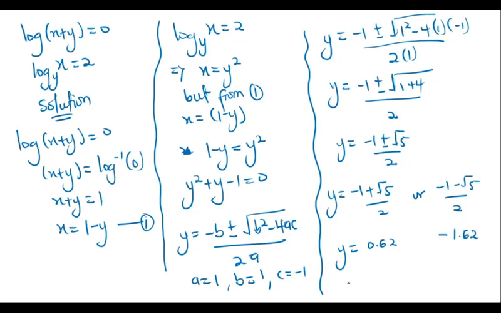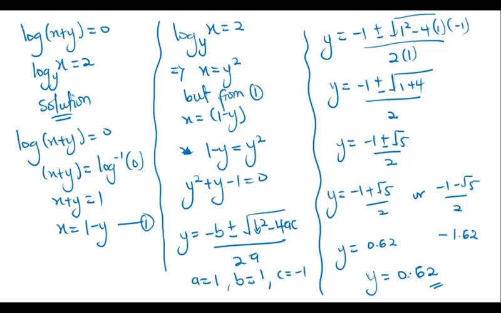But because the value of y has to be positive to make this whole equation positive, we are going to take the positive value. So the value of y is equal to 0.62. We can see that given a log equation, we were able to get a quadratic equation from it, and we had to apply the quadratic formula to find the value of y.